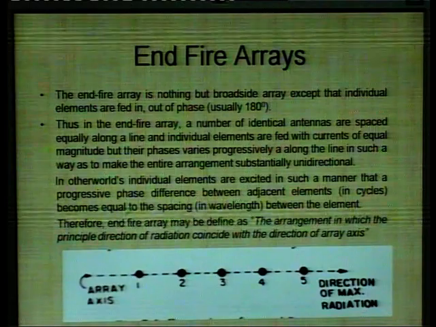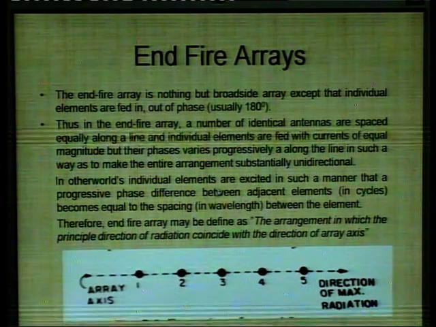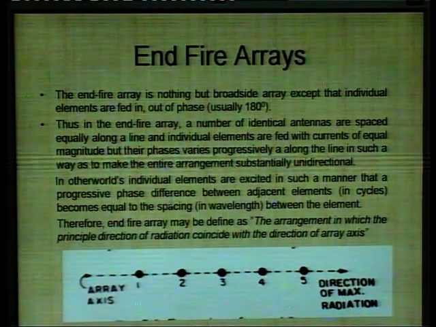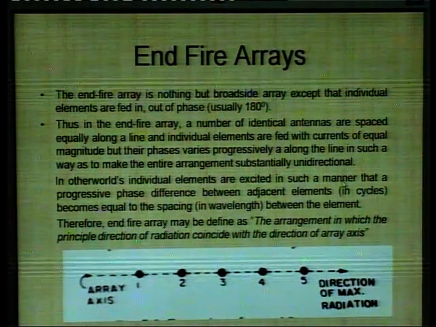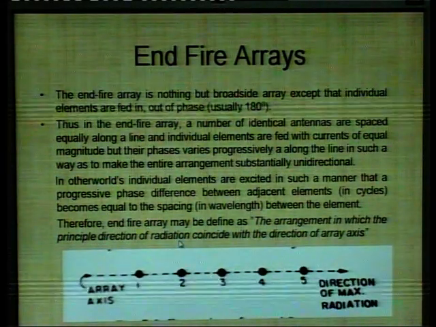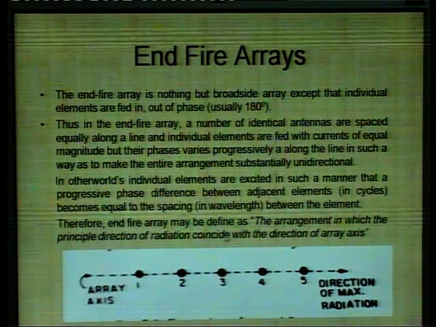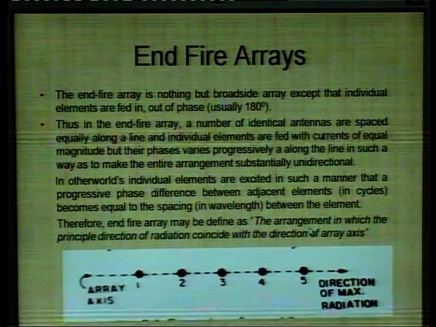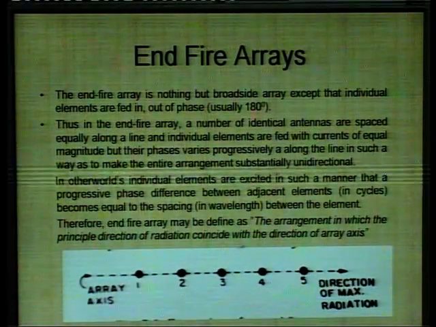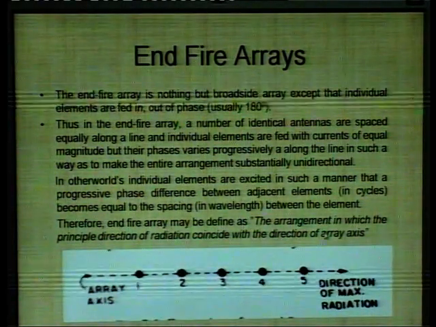In other words, the individual elements are excited so that there is a progressive phase difference between adjacent elements. The end fire array may be defined as the arrangement in which the principal direction of radiation coincides with the direction of the array axis.